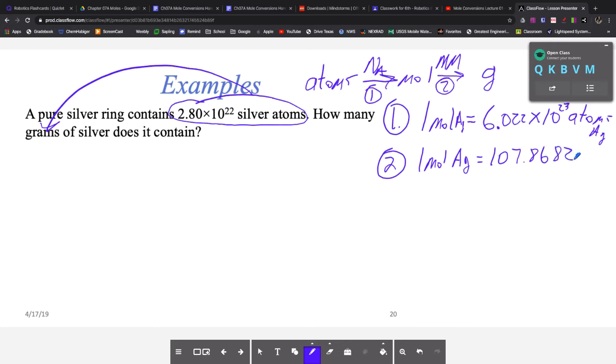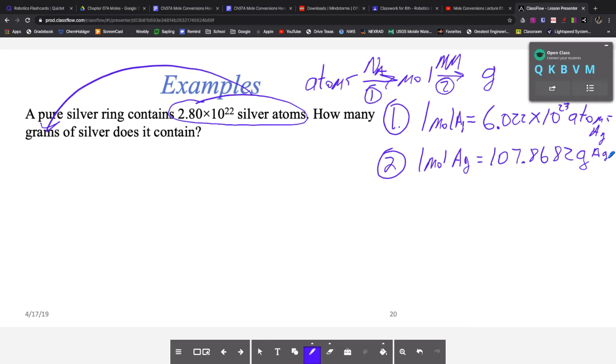So if we just take that number and put on it units of grams per mole, that makes it a molar mass. And then when we rewrite that as a conversion factor, that's the mass of 1 mole. So we can write it as 1 mole of silver is equal to that many grams of silver. So that's our second conversion factor.